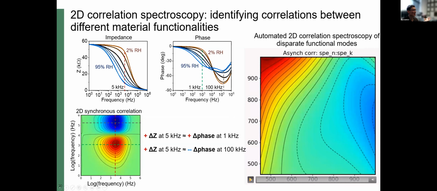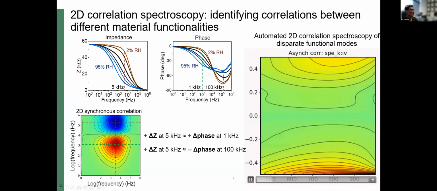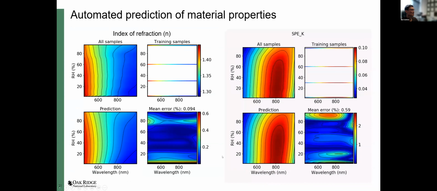Once you have results, you have the freedom to explore correlational spectroscopy. Majority of the experiments we're running are in the correlation. And here we're looking at the impedance and phase correlation as a function of environment. It's pretty interesting.